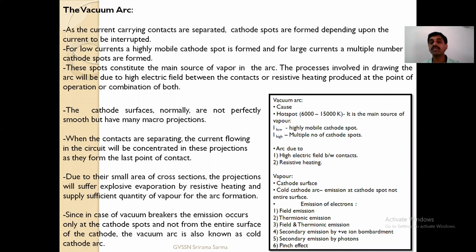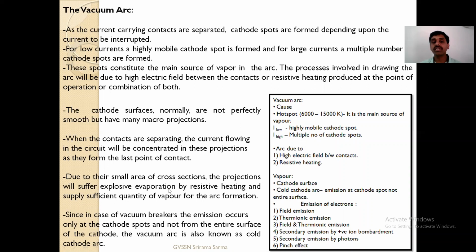When the contacts are separating, the current flowing in the circuit will be concentrated on these micro projections, as we discussed in the previous slide. They form the last point of contact, so more current is concentrated on that spot. Due to their small cross-sectional area, the micro projections will suffer explosive evaporation.